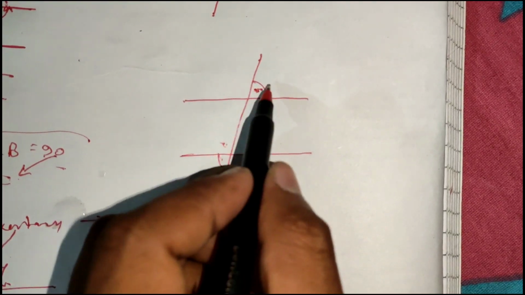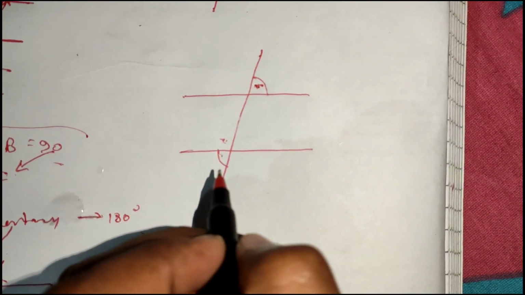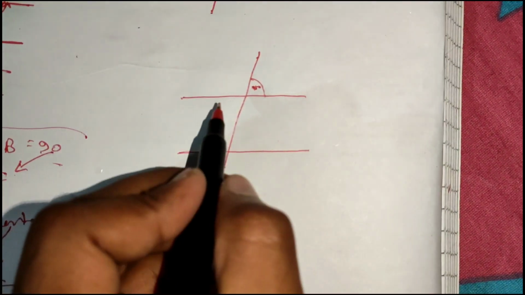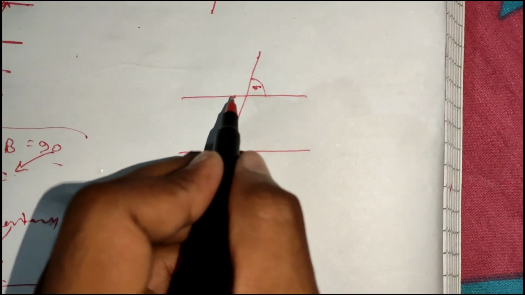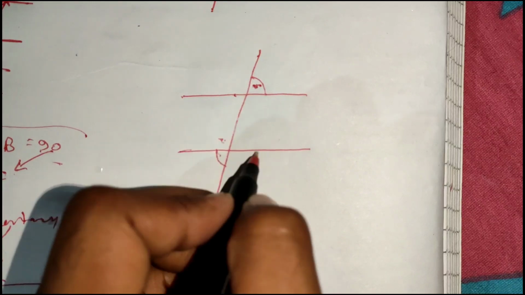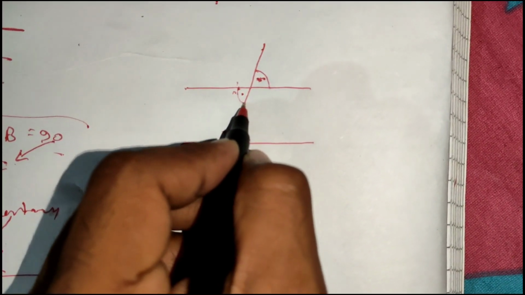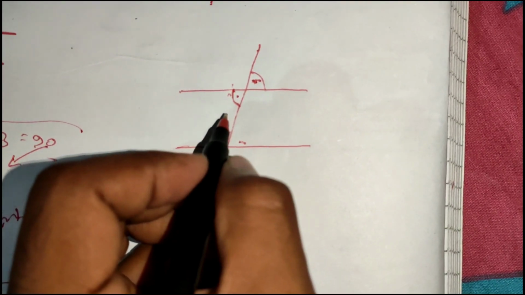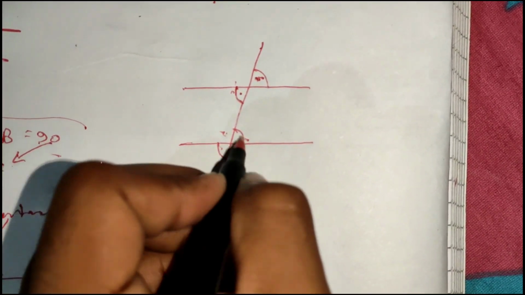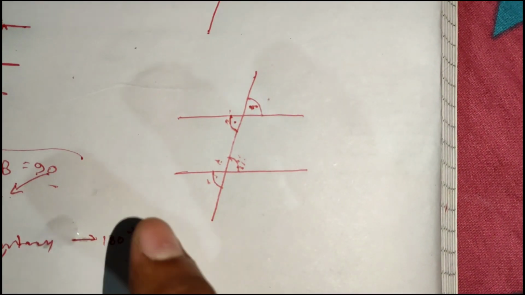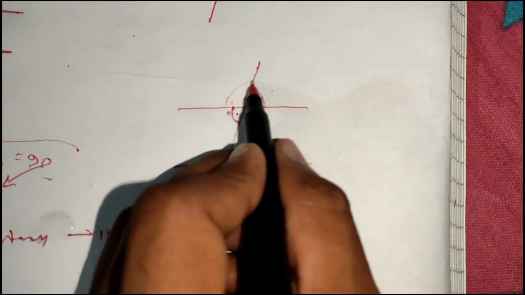Since this is on the outer side, it is called the exterior alternate angle. The other case is when the angles are on the opposite sides of the parallel lines and the opposite sides of the transversal, on the inner side. These two are called interior alternate angles. These are always equal.